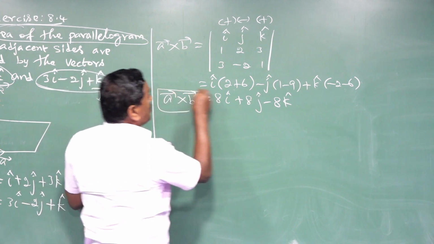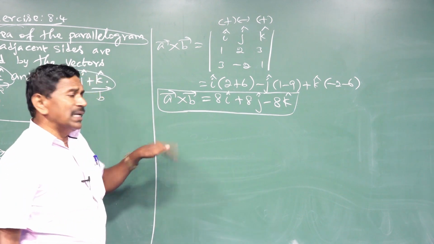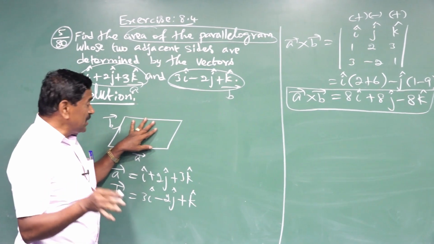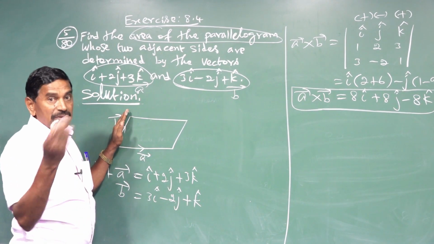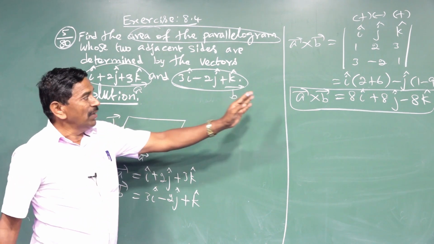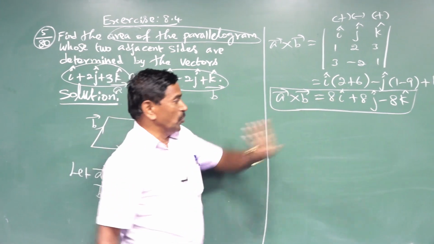So A vector cross B vector is ready. Now let us write the formula directly, because the area of the parallelogram with adjacent sides A vector and B vector is given by the formula modulus A vector cross B vector. Write the formula and work it out yourself.